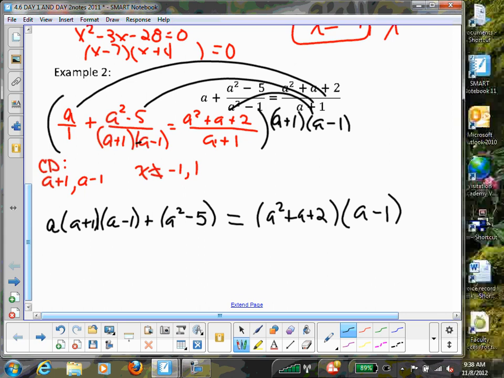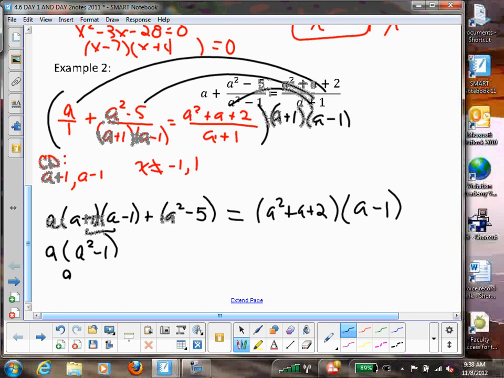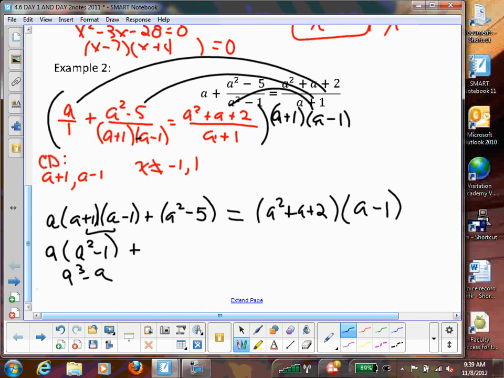Okay. Now, it's simplest here if we take a, and we know that a plus 1 times a minus 1 is a squared minus 1, which then gives me a cubed minus a. All I did was do that first little portion. This is going to stay, and it's positive, so I don't have to worry about pulling out a negative, or pulling it through. This is going to stay a squared minus 5.